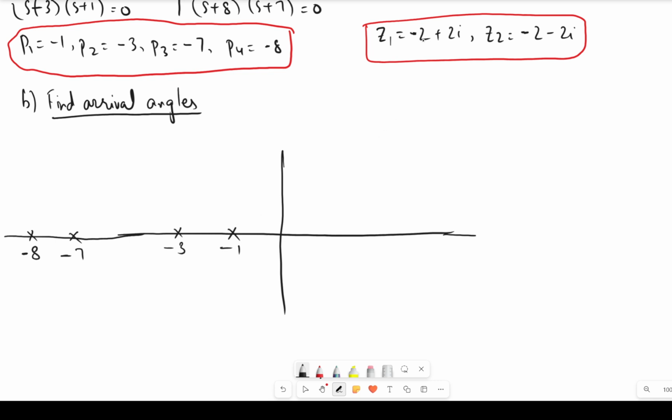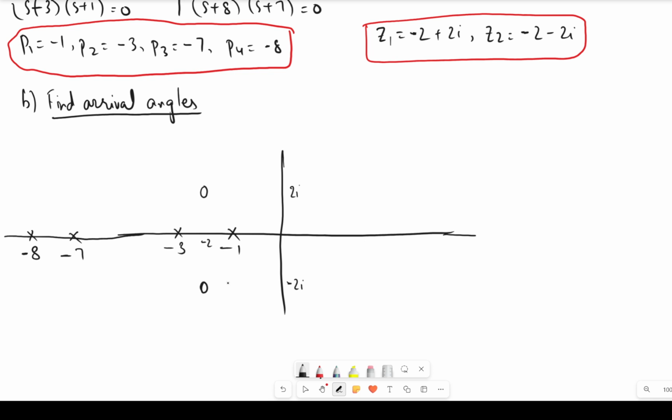We have two zeros, one at -2 plus 2i, which means somewhere here, and we have another zero, which is here, which means -2 minus 2i.